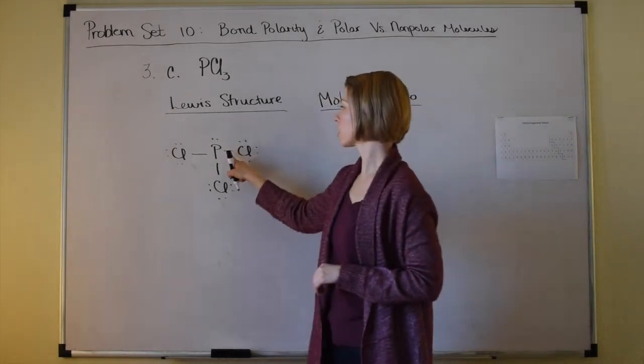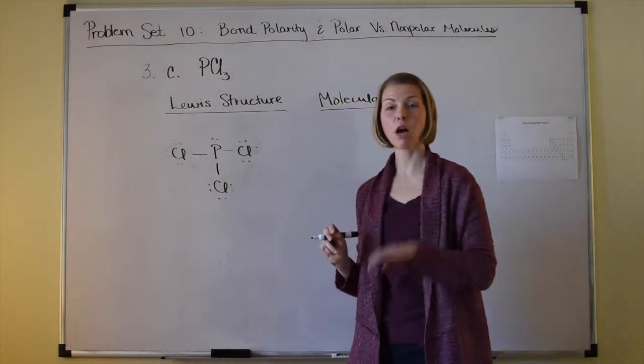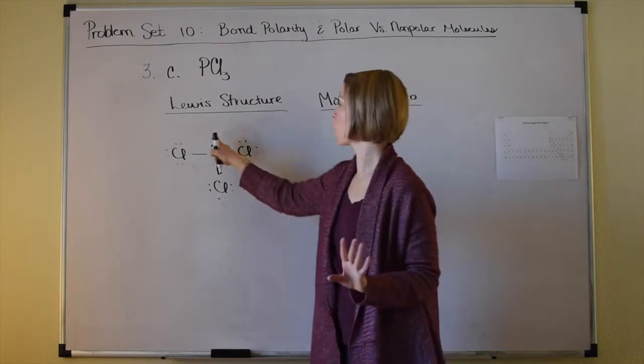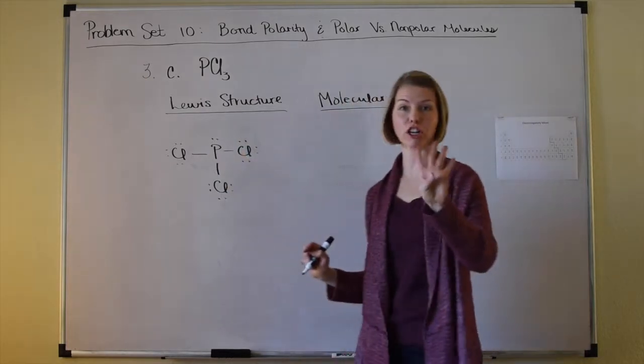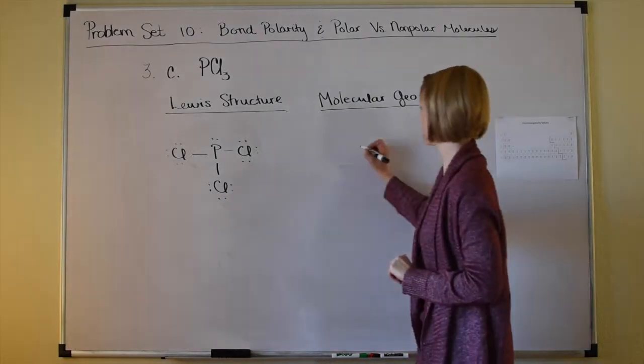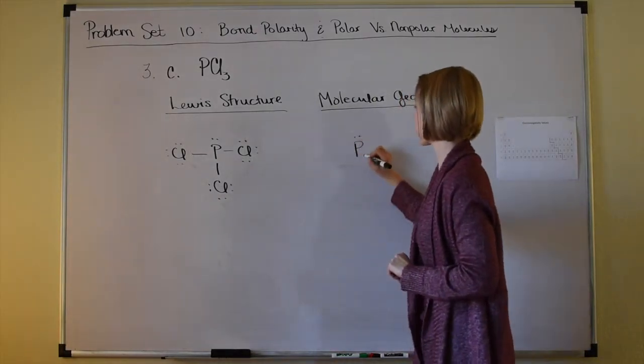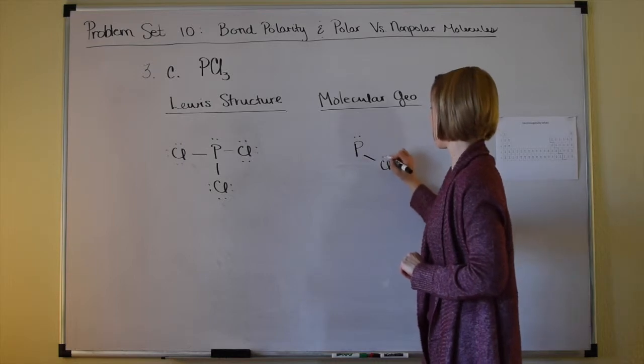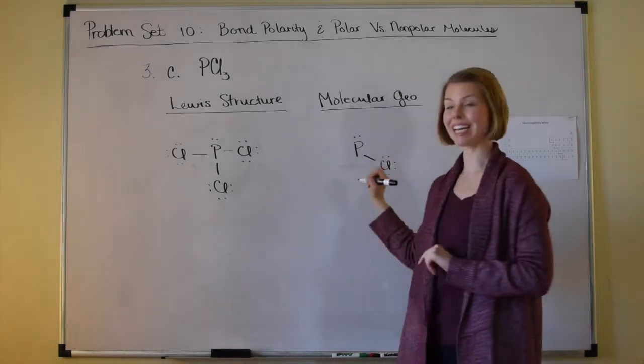We've got it drawn here as if we've got 90-degree bond angles, but that's not going to be the case. You've got 4 charge clouds. Maximum distance apart then is going to be 109.5 degrees in 3-dimensional space. So we're going to have a bond angle here of 109.5, not 90.